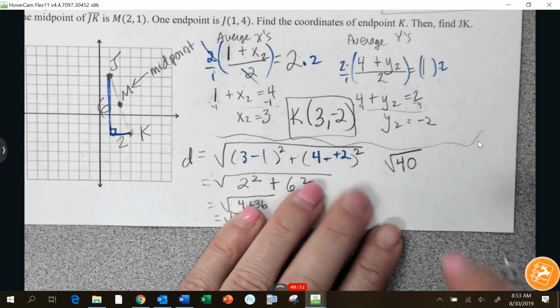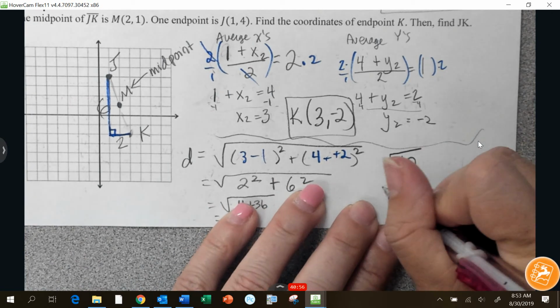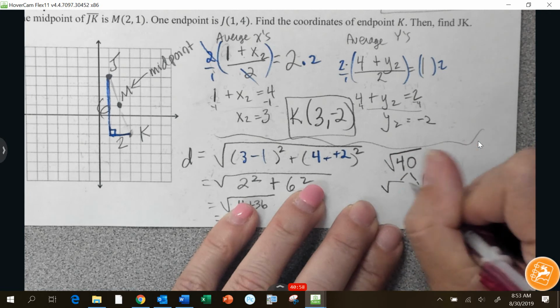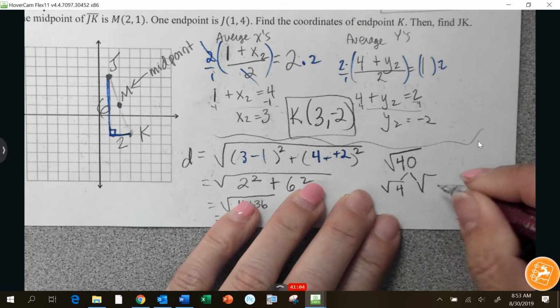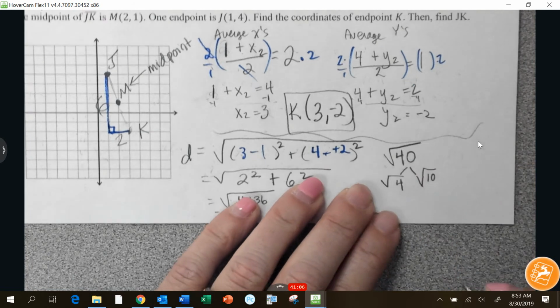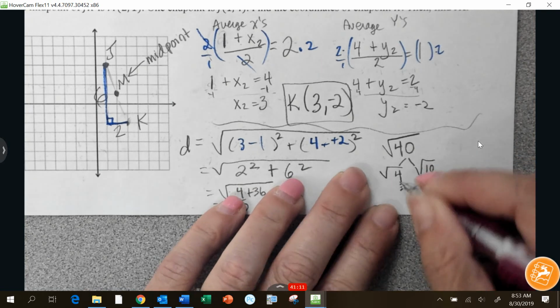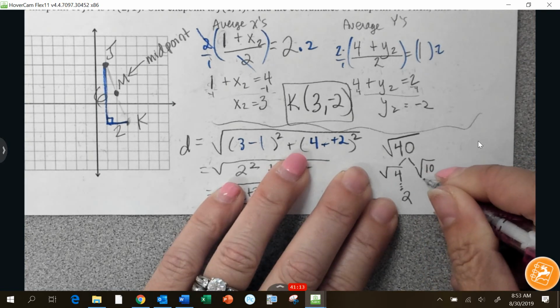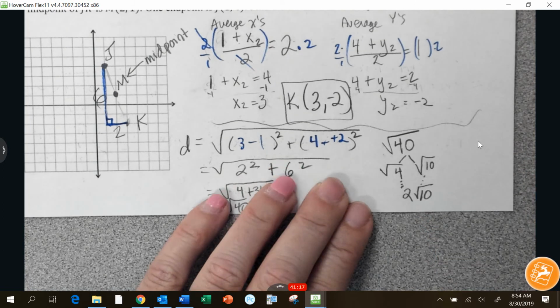Okay, in your weekly review, you were supposed to simplify square root of 40. Is there a perfect square that divides into 40, and we make a factor tree? Cameron. 4 is correct. 4 times what? Perfect. And then you say, what is the square root of 4? So 2, and then the square root of 10 you cannot take the square root of, so I bring it down to square root 10.